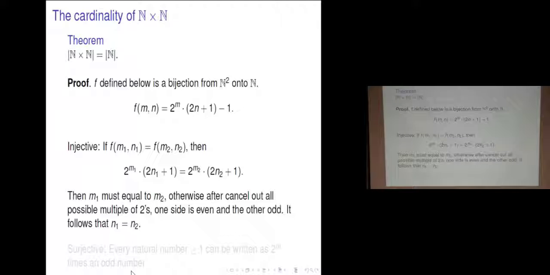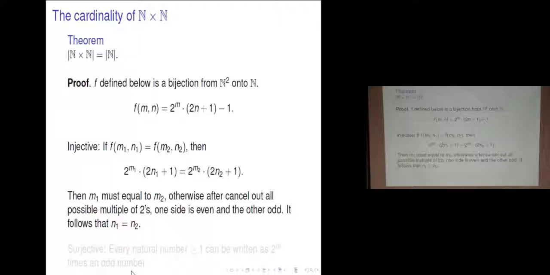But that's a problem, because after I cancel, the left-hand side is an odd number, but the right-hand side, because of the extra copy of 2, is an even number. So it's not possible. Therefore I must cancel the same number of 2's on both sides, so m1 has to be m2.